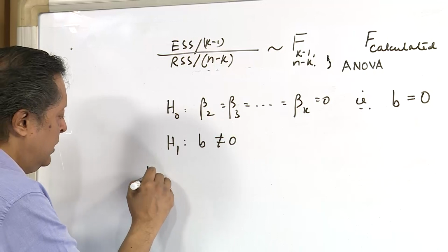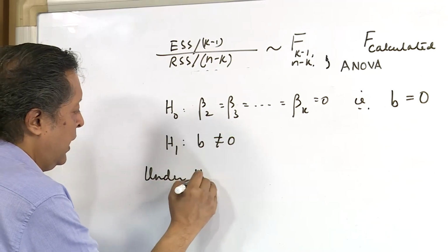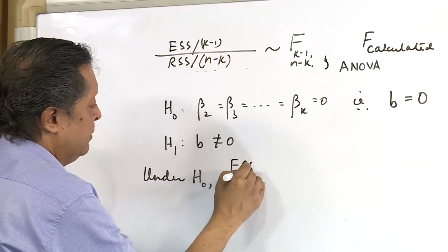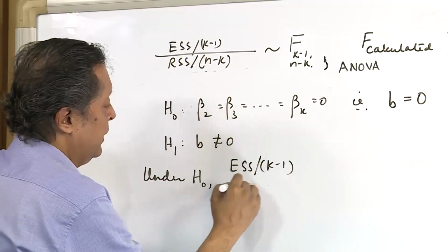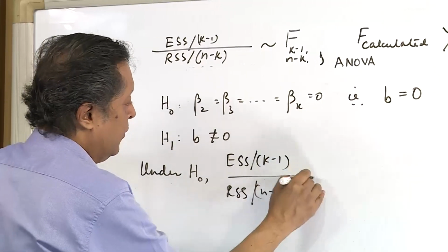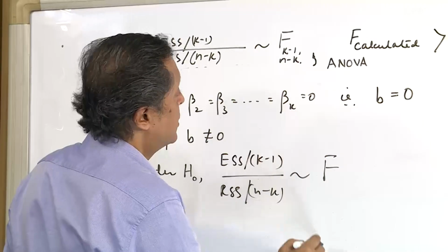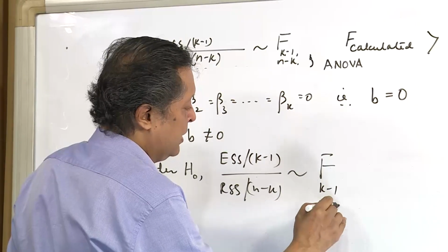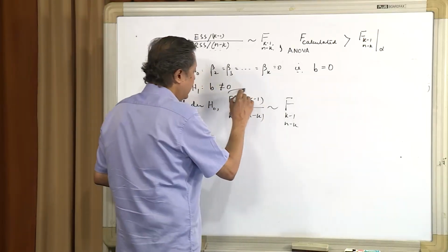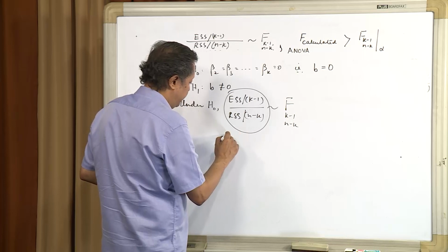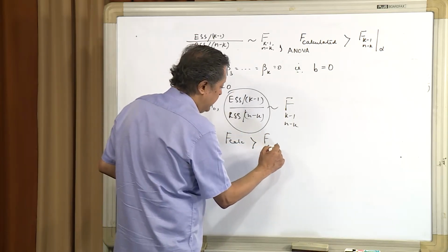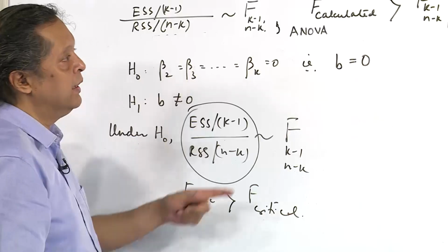So, under the null hypothesis, ESS by k minus 1 divided by RSS by n minus k follows F distribution with k minus 1, n minus k degrees of freedom.